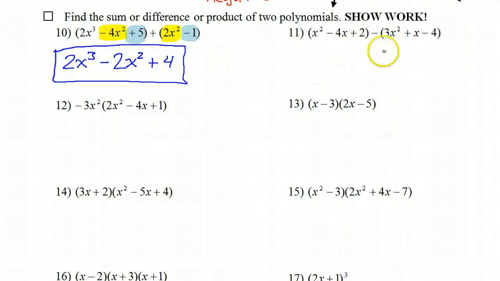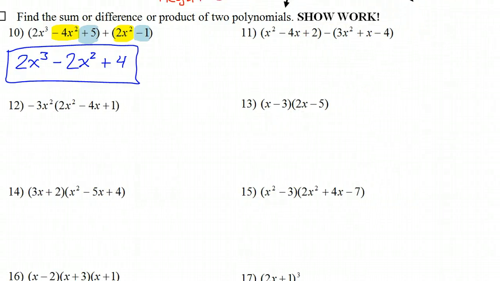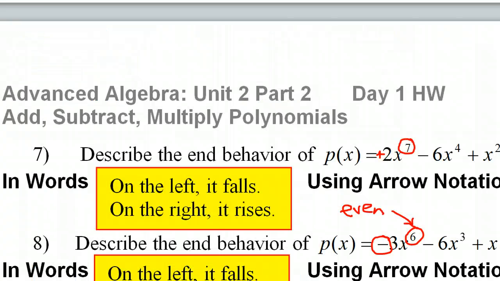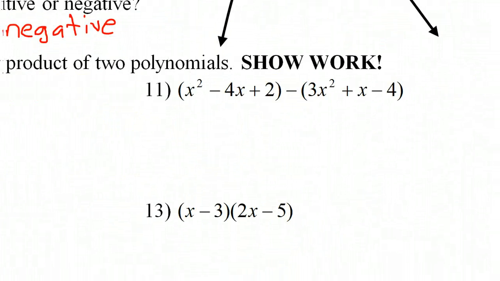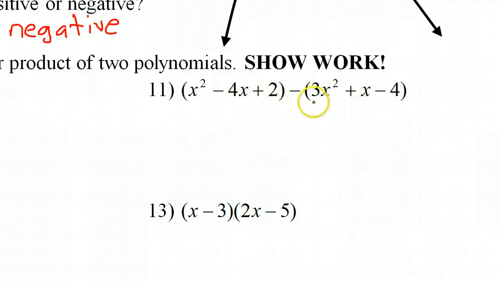Now, you have to be careful of one thing when you're subtracting. Let me zoom in a bit. Before you go combining like terms, you have to treat this like it is a negative 1. All right, this minus sign is like a negative 1 sitting here.